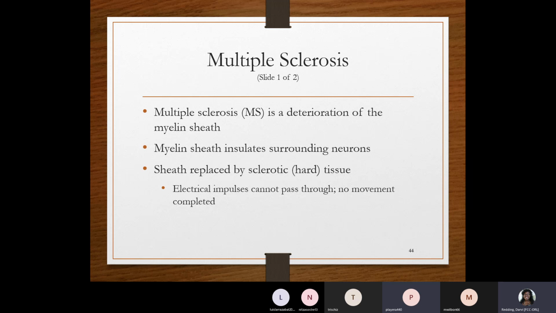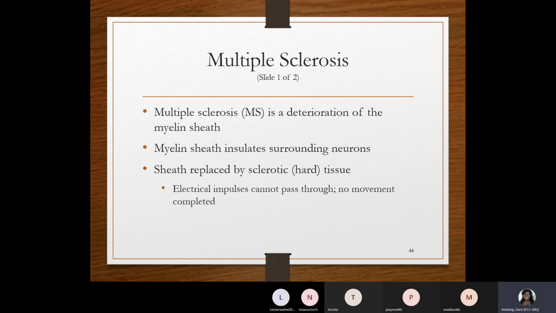Yes, benztropine. Good job. All of these medications we're talking about today still have side effects. Some of the side effects of benztropine are blurred vision or even dry mouth. These are just some examples of Parkinson's disease and the drugs that treat it.